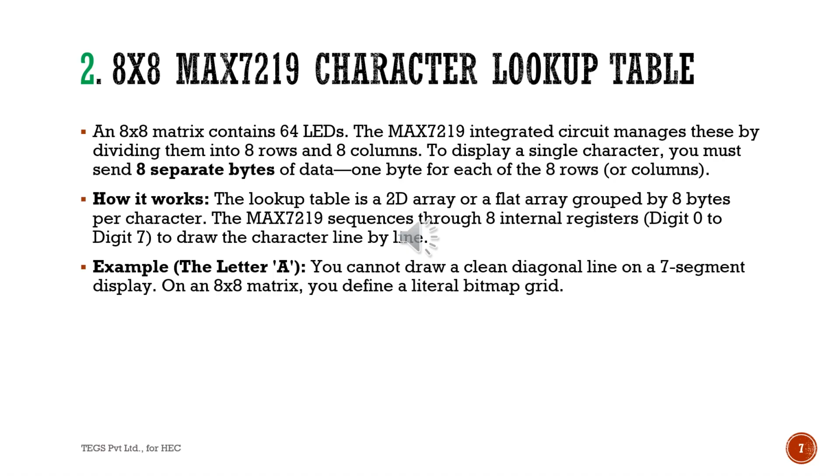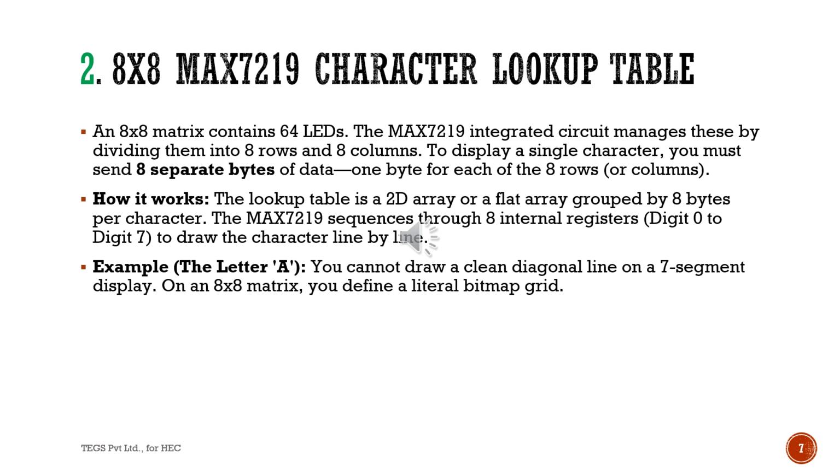2. 8x8 MAX7219 character lookup table. An 8x8 matrix contains 64 LEDs. The MAX7219 integrated circuit manages these by dividing them into 8 rows and 8 columns. To display a single character, you must send 8 separate bytes of data, 1 byte for each row or column.